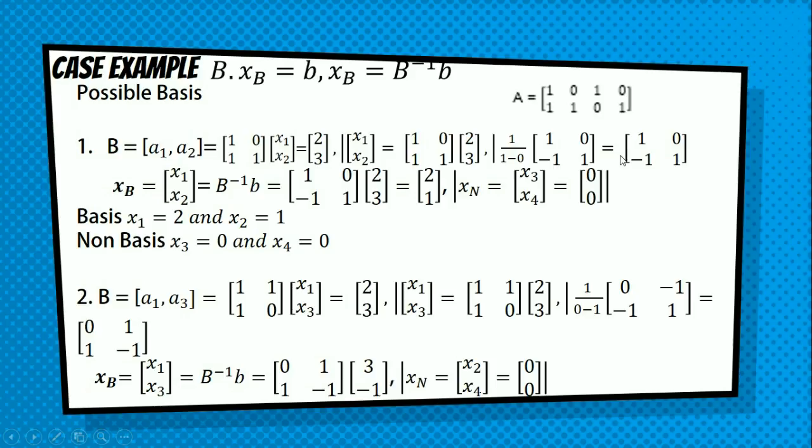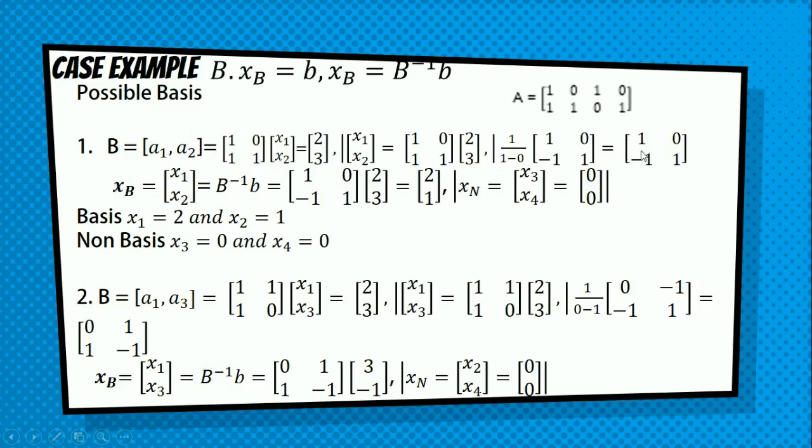We calculate: 1 per 1 equals 1, so we just multiply the matrix. 1 times 1 is 1, 1 times 0 is 0, 1 times 1 is minus 1, 1 times 1 is 1.